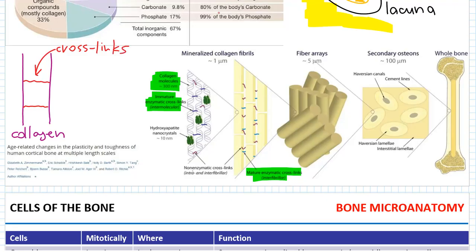Crosslinks that are also known as sacrificial bonds. What happens during a sacrifice? Something is given up, right? So here's what happens. Imagine that you apply some bending force on the bone. Can you say that you need to use some energy to produce that force?